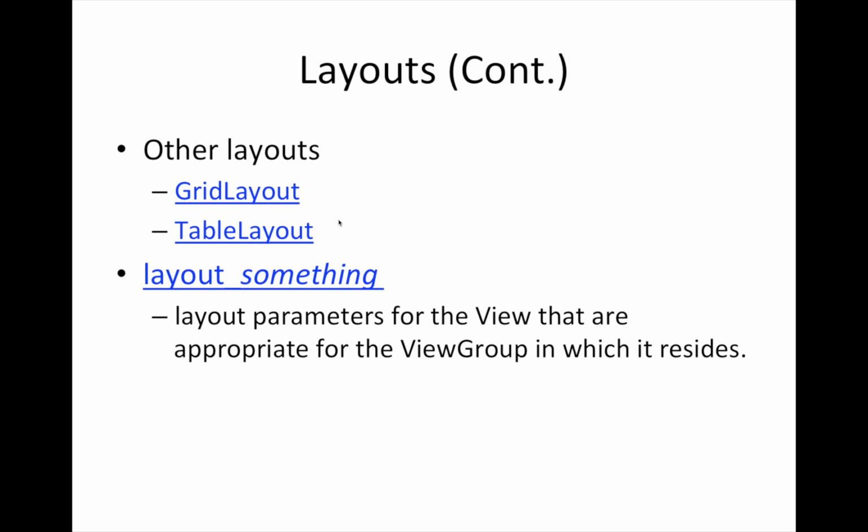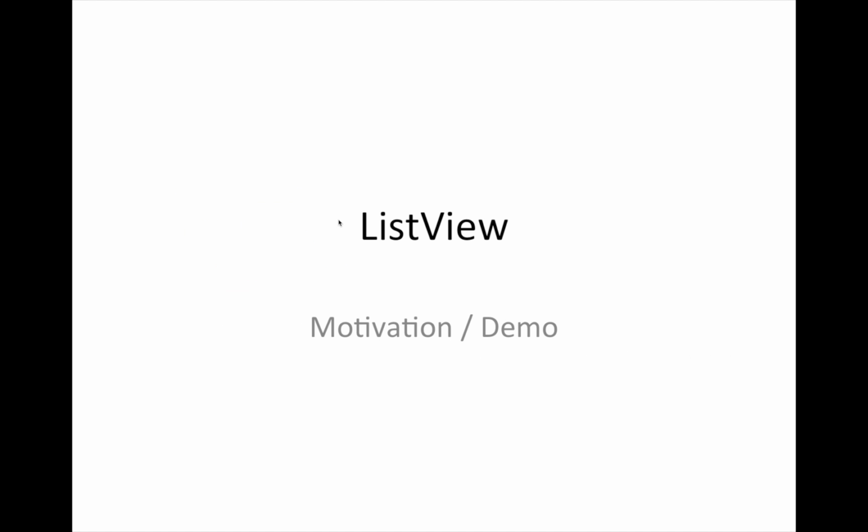So if I have a text view and I want to put it to the right of some other text view, I need to make sure that the parent is a relative layout. Then, if my parent is a relative layout, I have the option of specifying layout_toRightOf. So it depends on the parent. What layout parameters you have depends on the parent of that view.